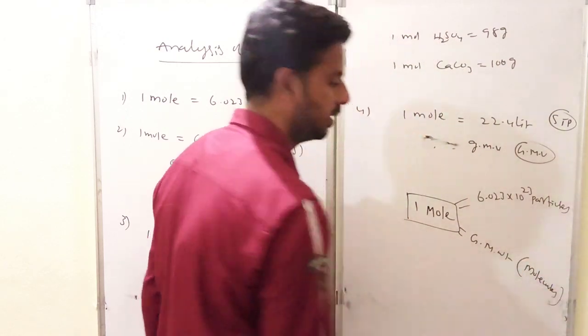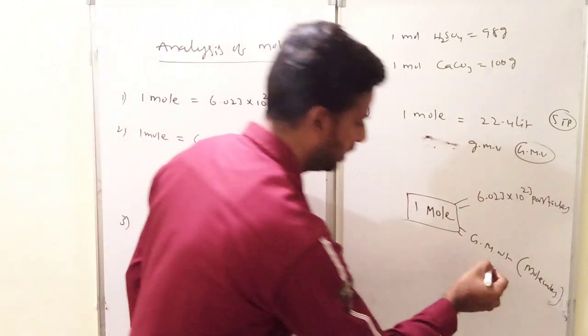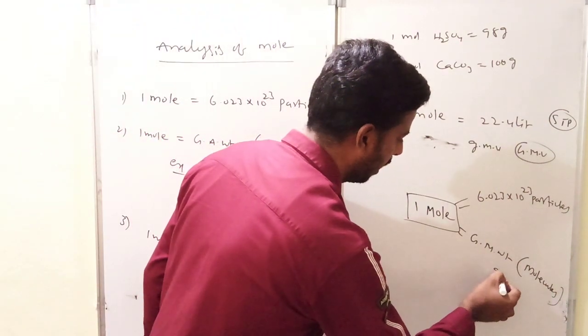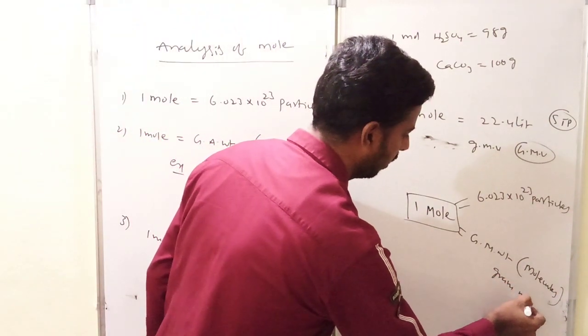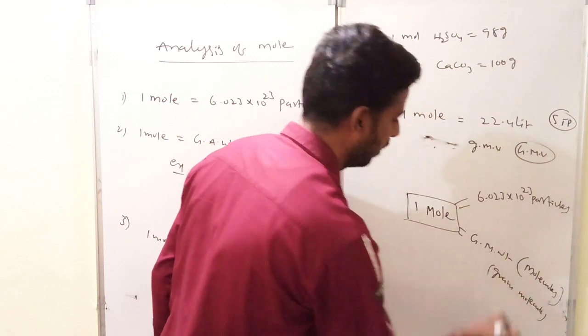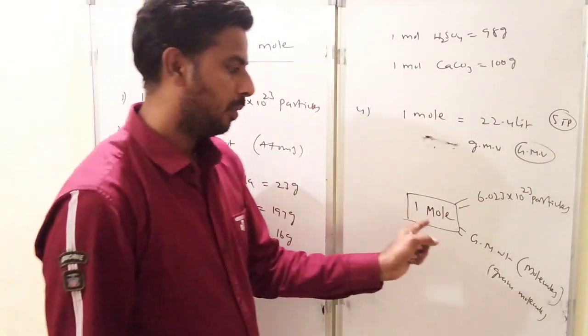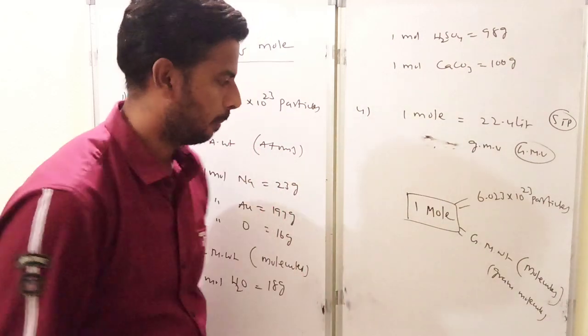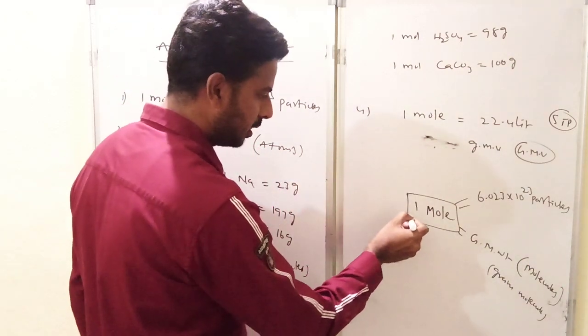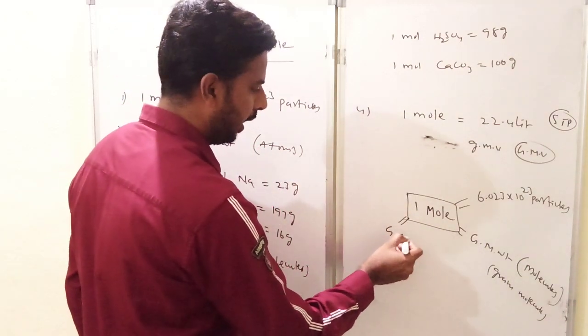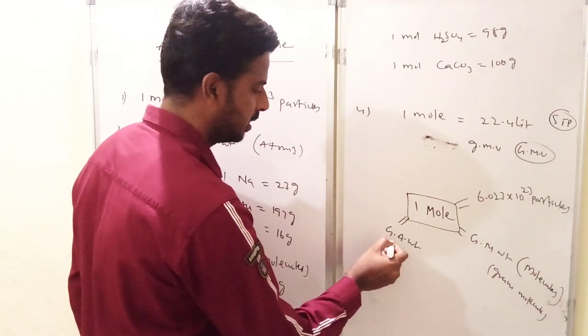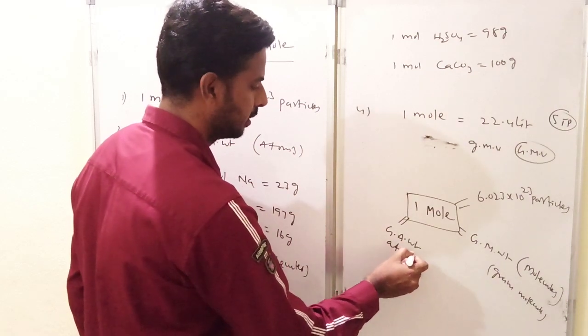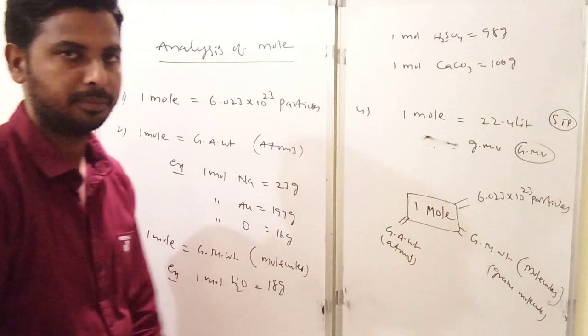Otherwise, this is also called a gram molecule. We can use gram atomic weight in terms of gram molecule also. So 1 mole of any substance equal to gram atomic weight if the substance is expressed in terms of atoms.